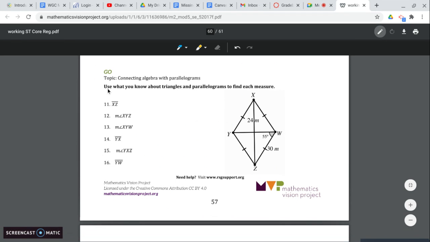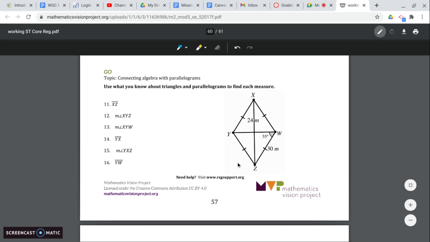All right. Connecting algebra with parallelograms. Use what you know about triangles and parallelograms to find each measure. So here we have line XZ. Line XZ is this full part here.